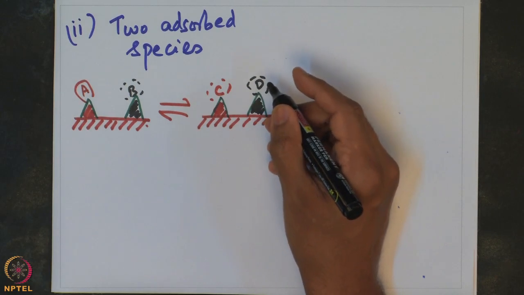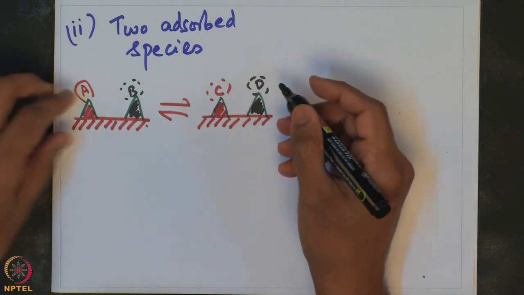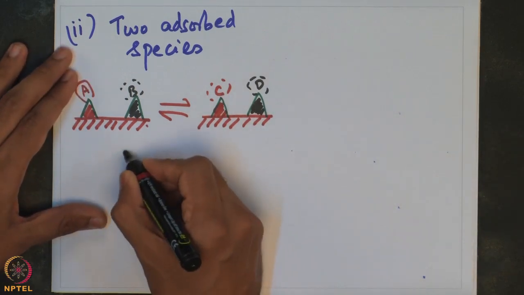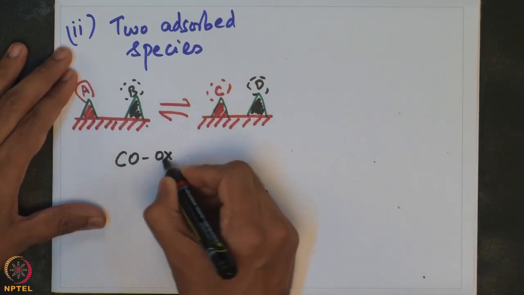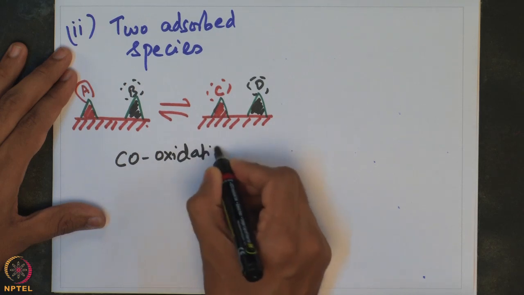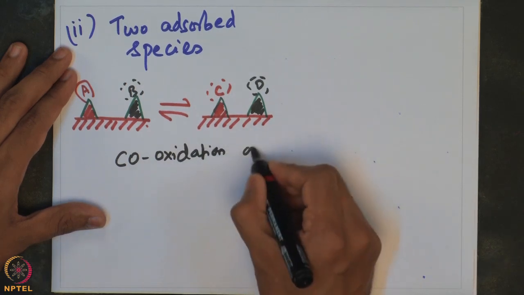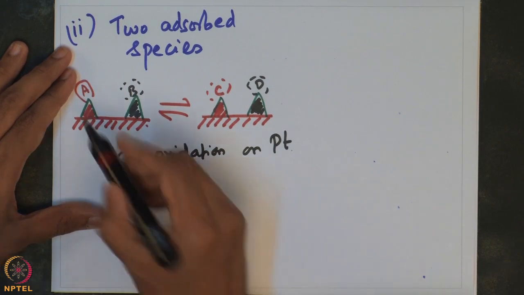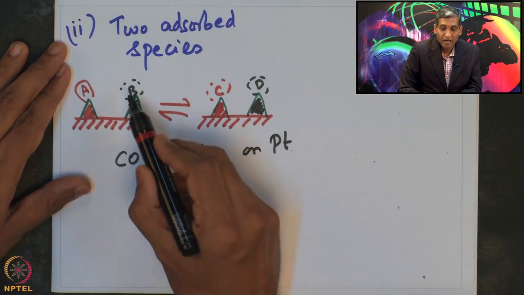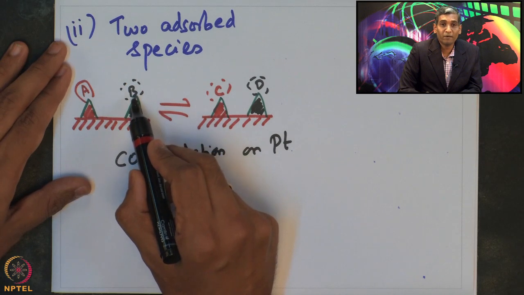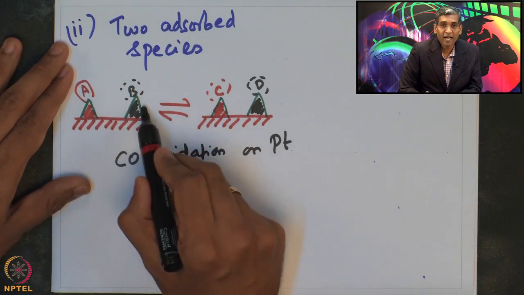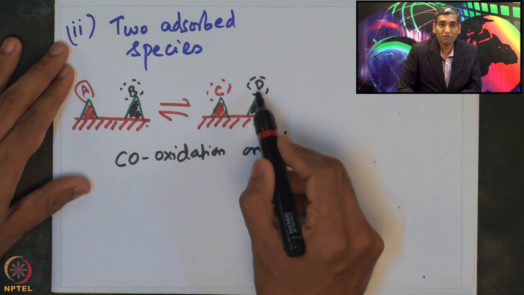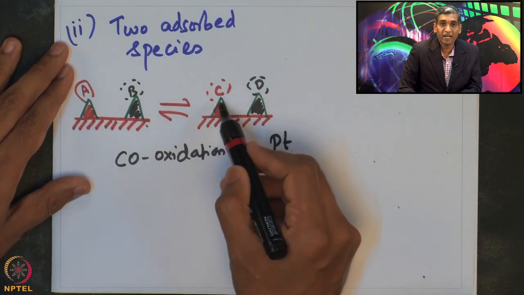Now, a very good example of this particular case is the CO oxidation on platinum catalyst, where you have CO which may be present here and oxygen which may be present here, and once they react they may form CO2, let us say D corresponds to CO2, and it might leave an empty vacant site.